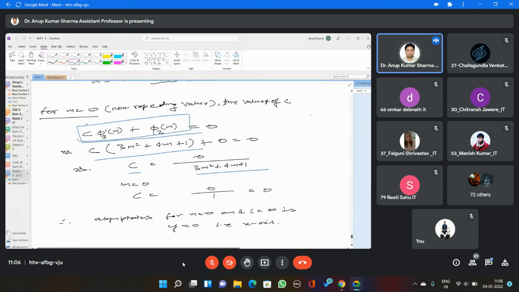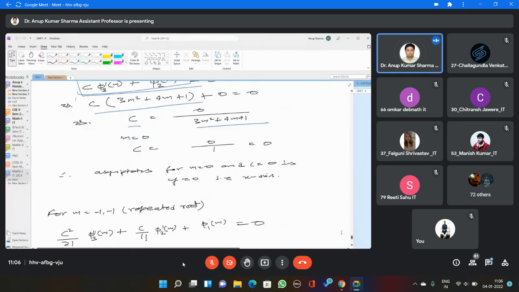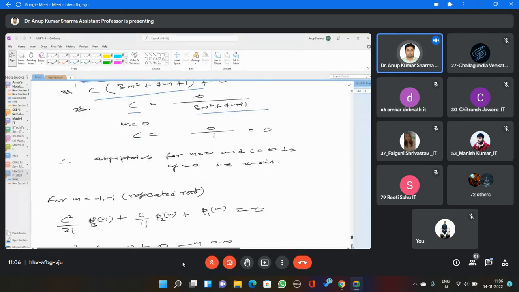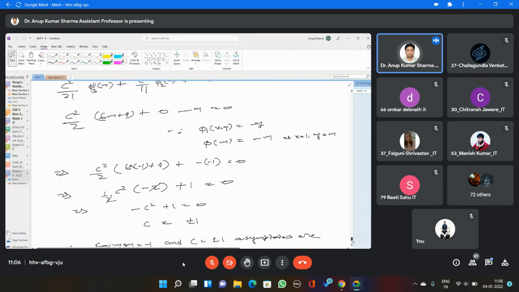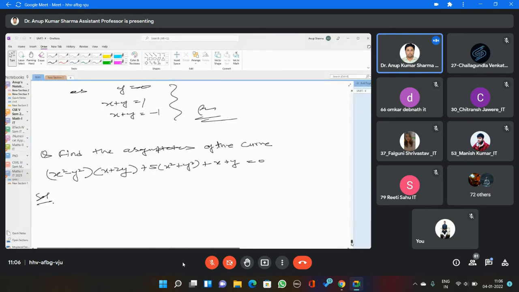Take m is equal to 0, m is equal to 1, and you will have the value of c. Then m is equal to -1, you will have the value of c next. And m is equal to -1/2, then you will have c's value. After that, using the values of m and c, you will have the expressions. That's why I'm writing this. So those who have not done it, at least you see.